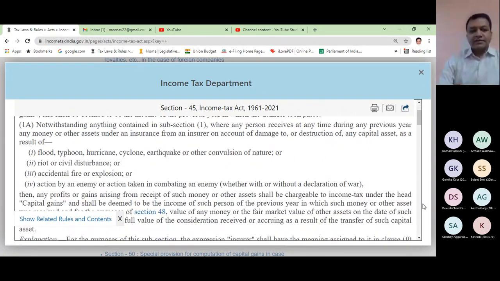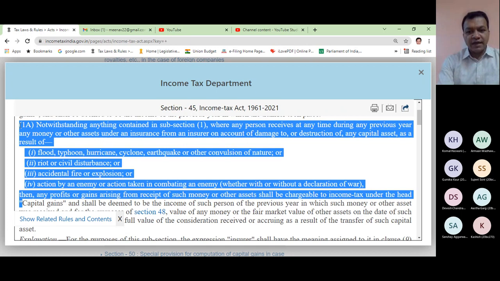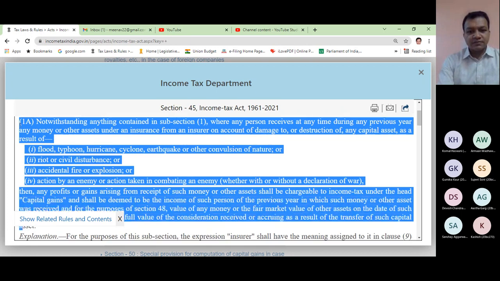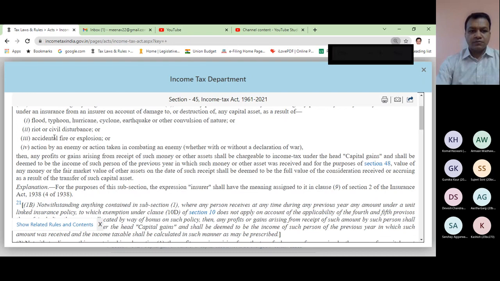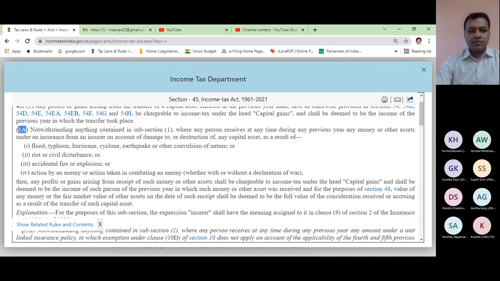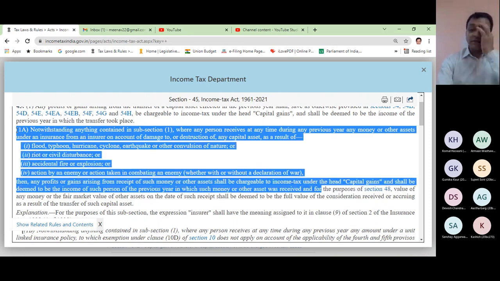Now you please read it and then you try to explain me this. Let me see whether you can explain this from the act. This much is required to be read in 45(1)(a).